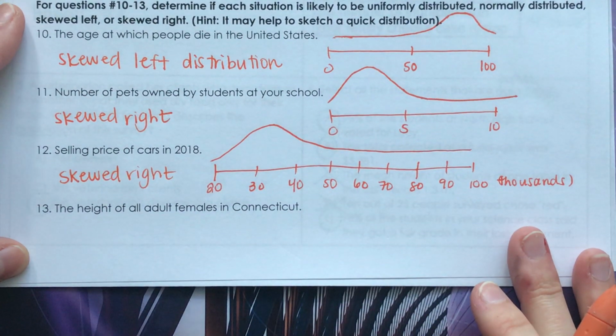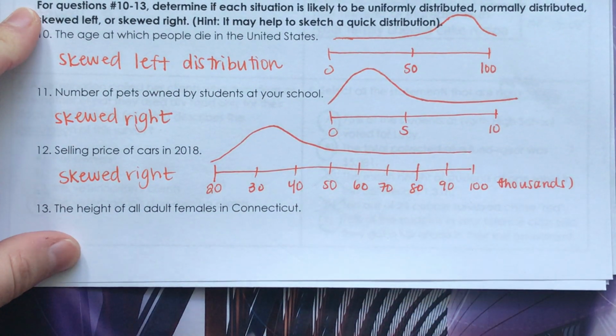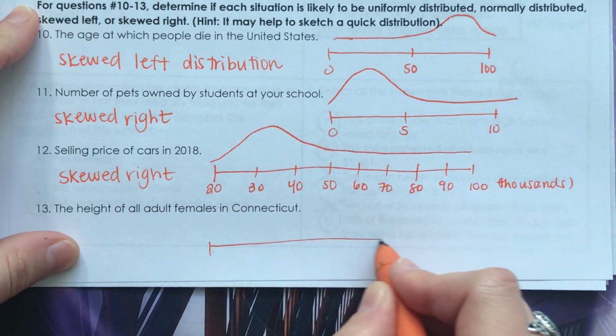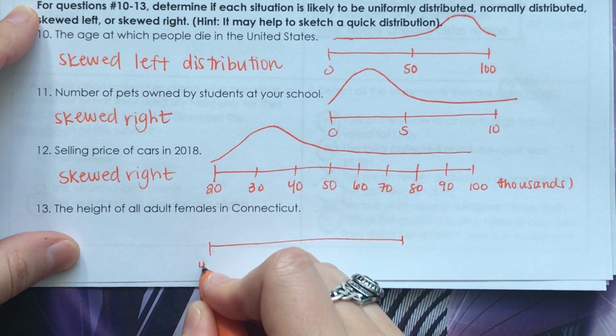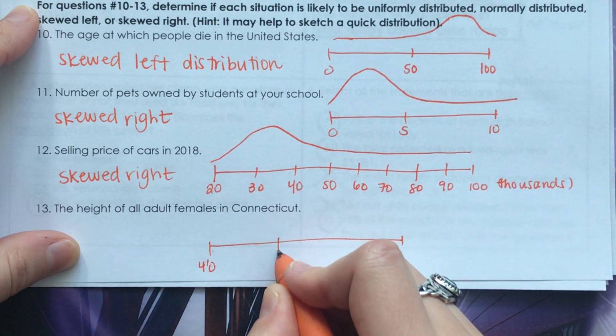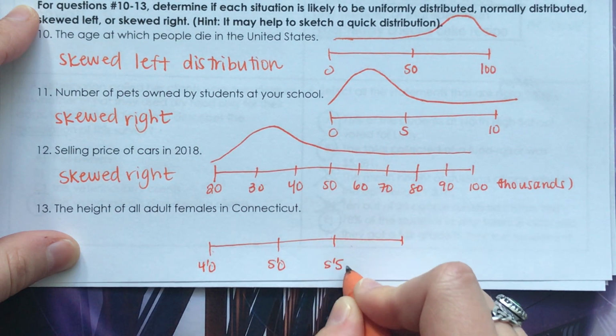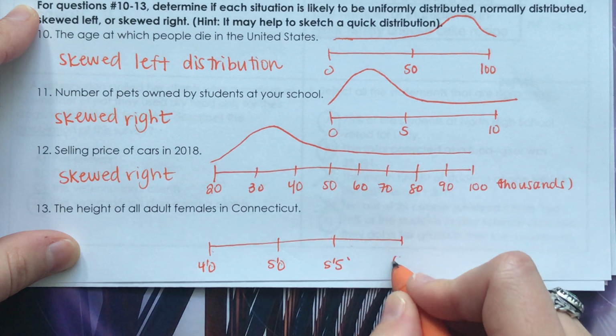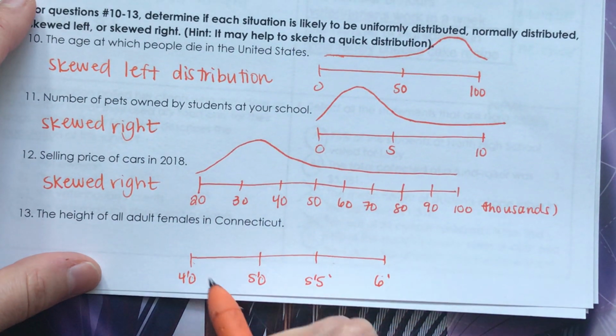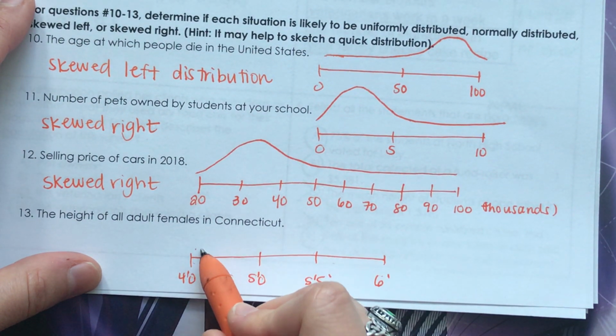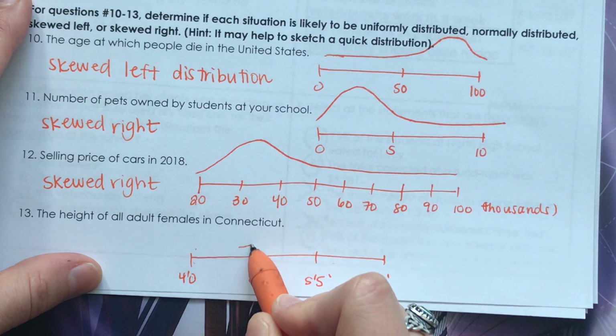Last one, the height of all adult females in Connecticut. Well, you got to think, right? This is where my 4 feet are. This is 5 feet. We'll say this is 5'5", and we'll say this is 6 feet. So you definitely have some people who are probably down here in the 5-foot range.